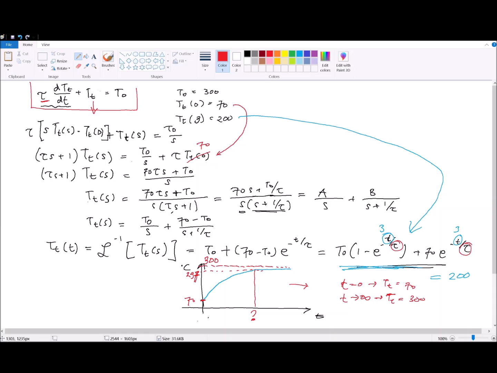Again, same as before. You just substitute the time that you are looking for. This should be equal to 297, and then using this function, the function where you have already known the value of tau, you can find the time.